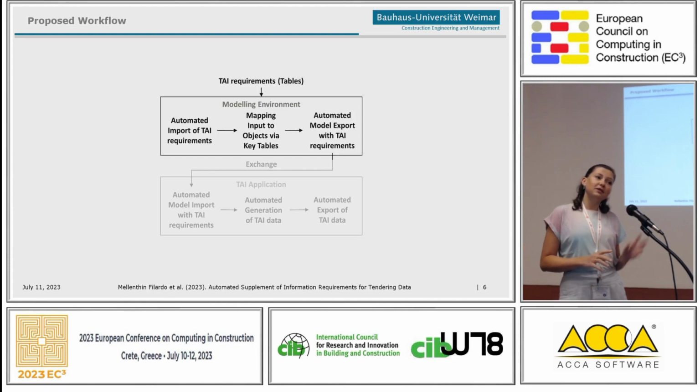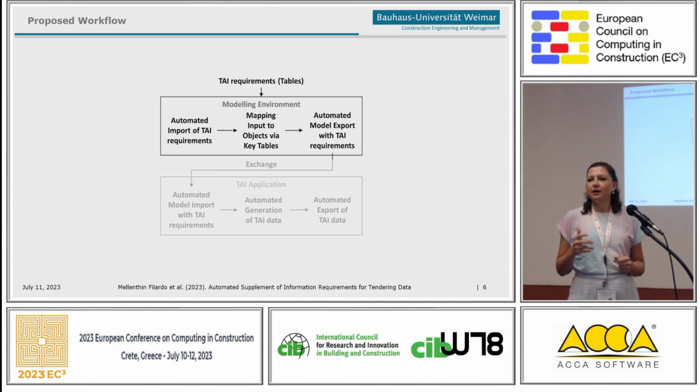After that, in this case, we still would need some TAI application where this model would be imported, but all the requirements would be there. This application would just be needed to add the texts. In Germany, we have very specific standardized texts for the tendering process. So that would be just a pro forma step.